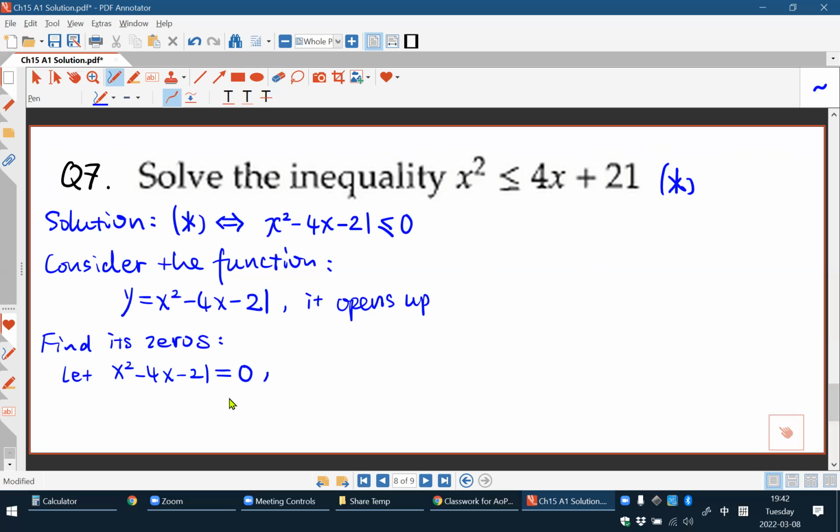Okay, so by observation, 21 can be factored into 3 times 7, right? And the difference between 3 and 7 is 4. So it's possible to use cross multiplication. So minus 21 can be factored into negative 3 times 7, or 7 times negative 3, or 3 times negative 7, right?